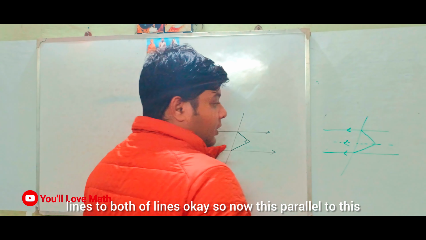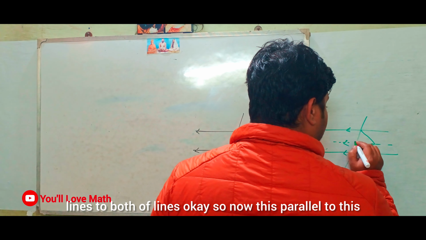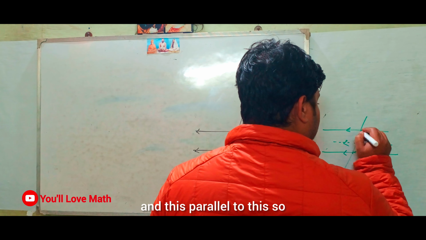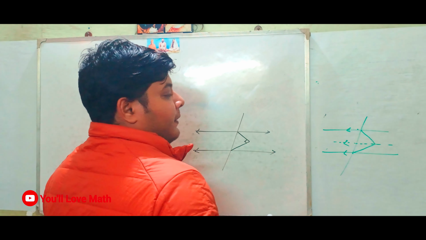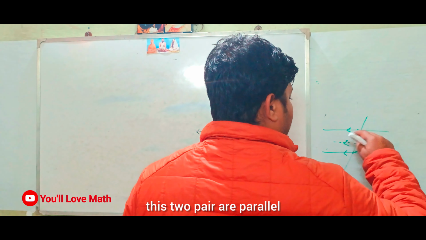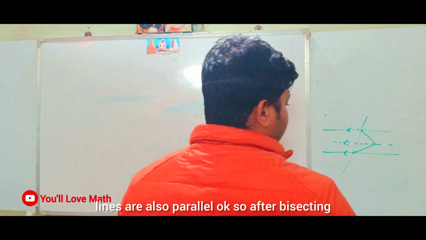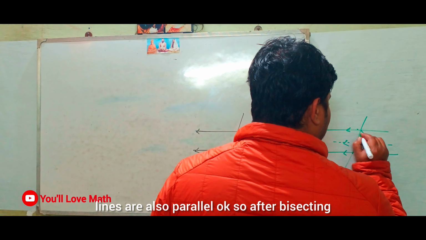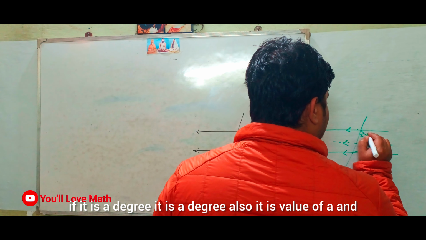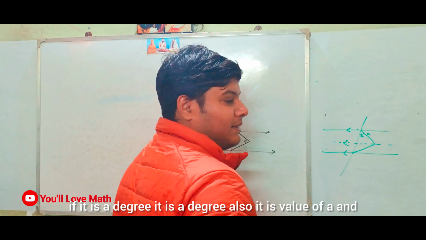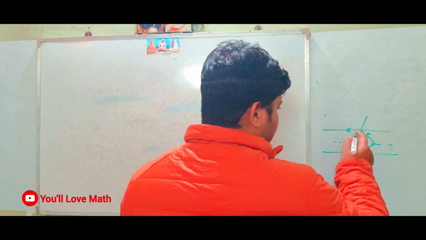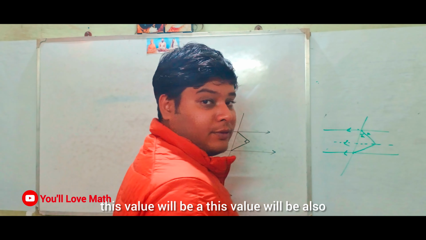Okay. So now this is parallel to this, this parallel to this, and this parallel to this. So these two pairs are parallel, and here three lines are also parallel. After bisecting, if this is a degrees, this is a degrees also. It is value a, and this value will be a also.